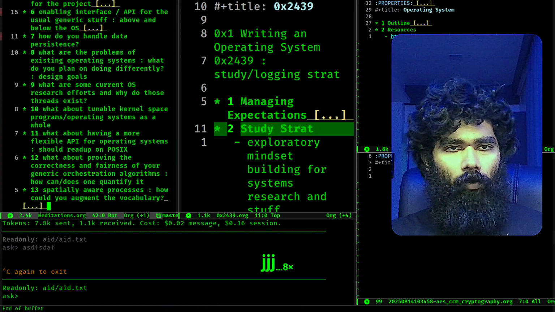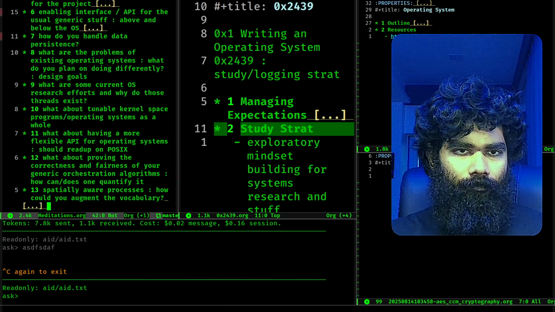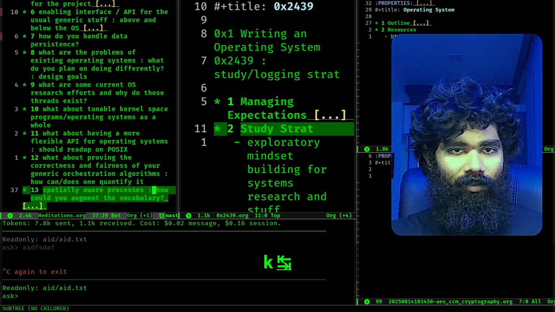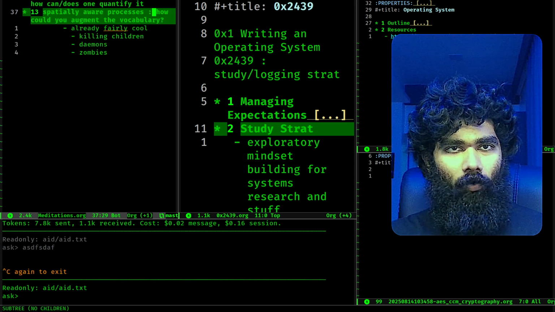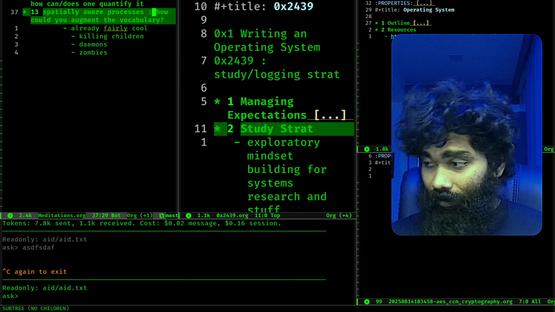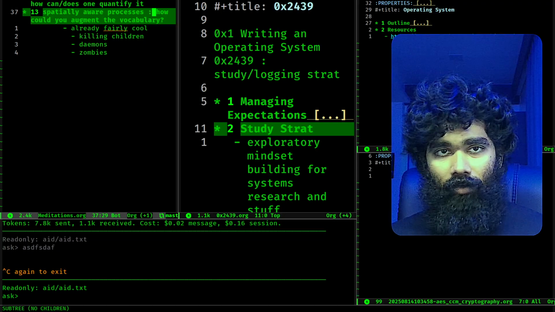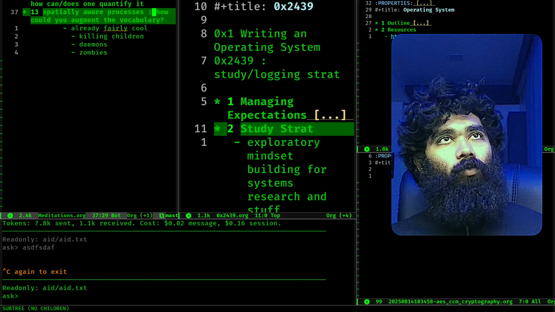All those sort of questions, I've been putting them in here. There's also the funky stuff that I log in here. I like how operating systems and systems programming people document their thoughts and how their vocab is. I was wondering how we could augment the vocab.